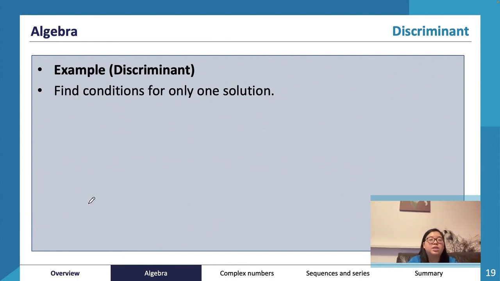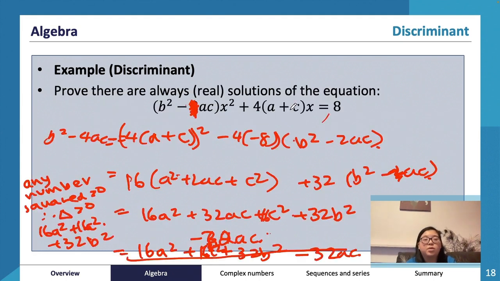Okay, so for the conditions for only one solution, if we consider our 16a squared plus our 16c squared plus our 32b squared, that was our solution that we had there.